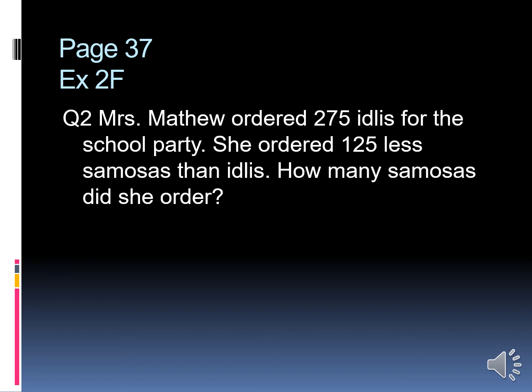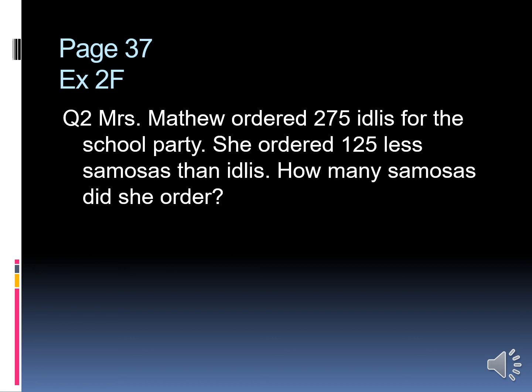Through this question, we got to know that Mrs. Matthew ordered 275 idlis for the school party and she ordered 125 less samosas than idlis. We need to find out how many samosas she ordered.